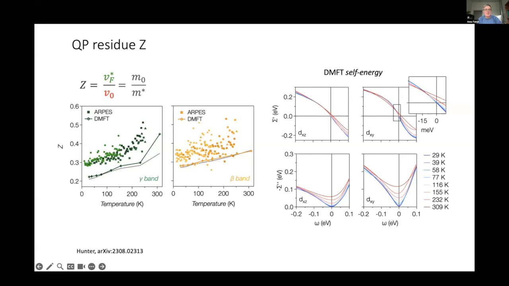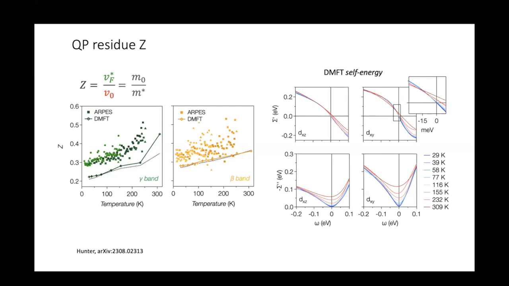Extracting Z from experiment relies on a very accurate measure of the velocity, and it's very difficult to measure the velocity for the gamma band, which has a van Hove singularity very close to the Fermi level. So I would blame this difference on the experiment. We did the measurement at lower temperature and with higher resolution, and in this set the experimental values of Z are very close to DMFT.